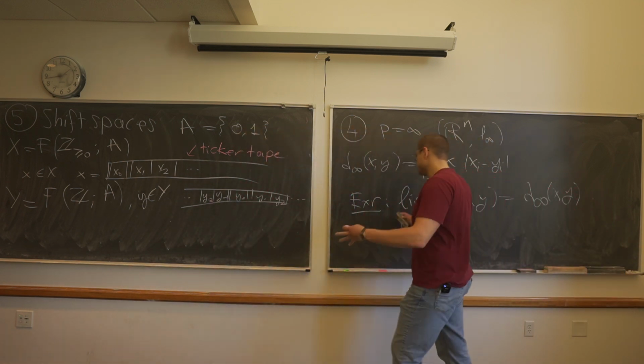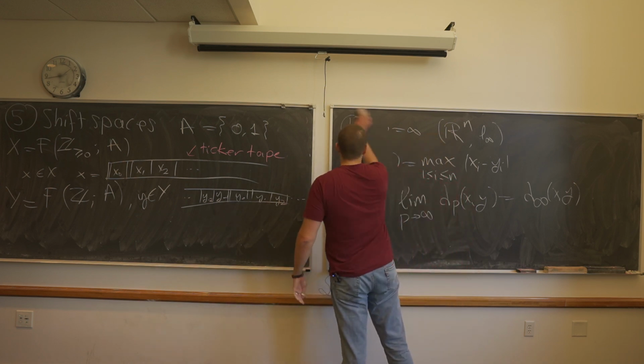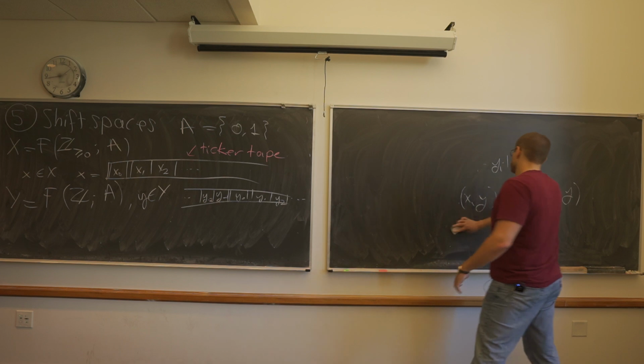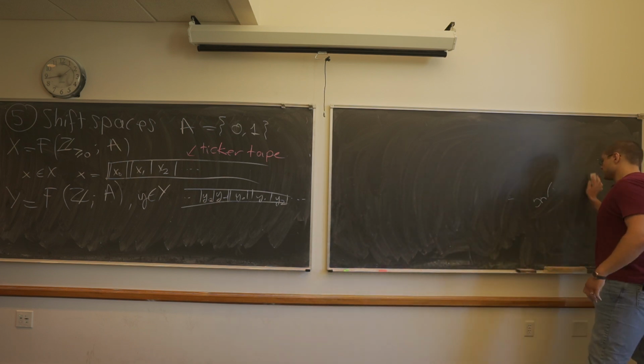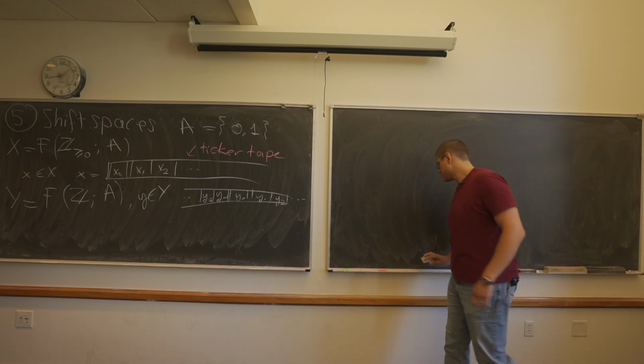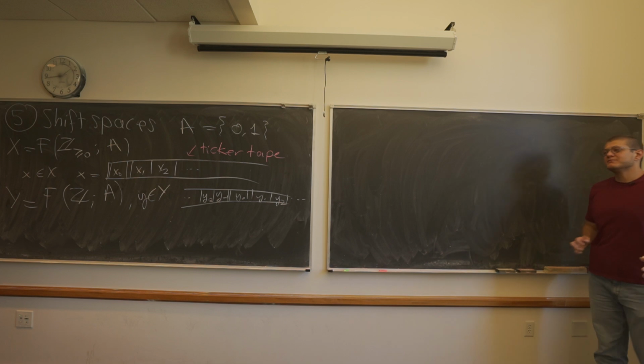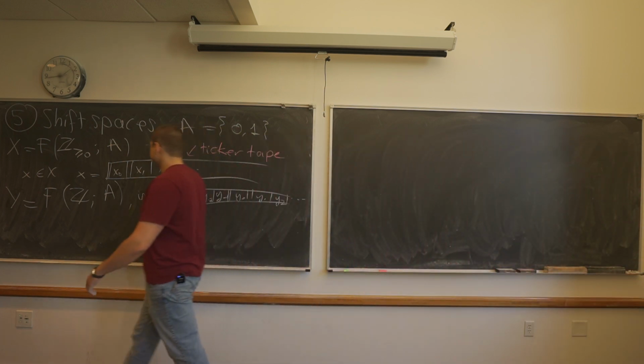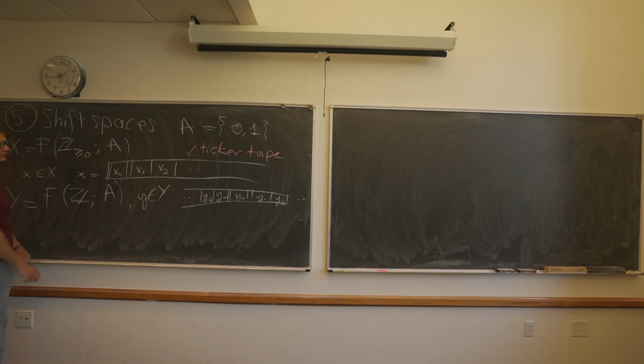Here's a distance for it. The idea is that, at least for our case, you want to define a distance on this set in such a way that it becomes reasonable to think of this as the binary expansion of a number.